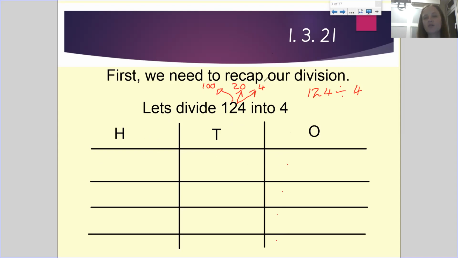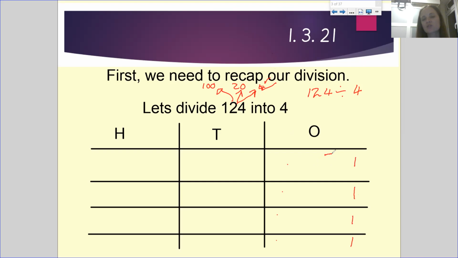So let's start with 4. 4 divided by 4 is 1. So I'm going to put 1 in each one of these columns. And then I've divided 4 equally into 4 groups. 20 divided into 4 equal groups will be 5.